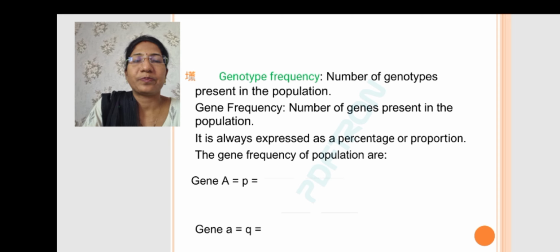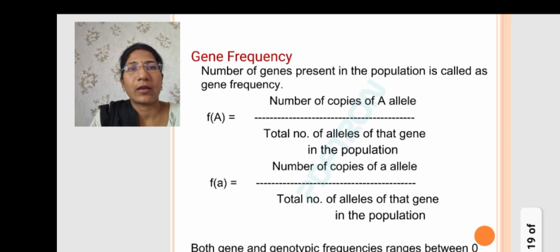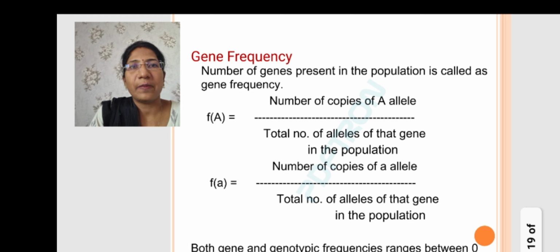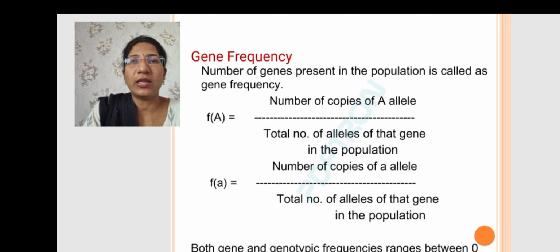Then there are problems that have a formula for gene frequency. Gene frequency means the number of a gene present in the population. It can be denoted by two alphabets, capital A and small a. The frequency of capital A is the number of copies of the capital A allele divided by the total number of alleles of that particular gene in the population.